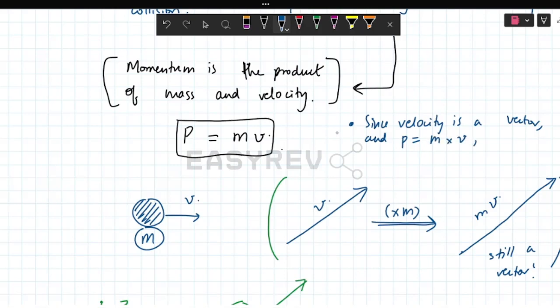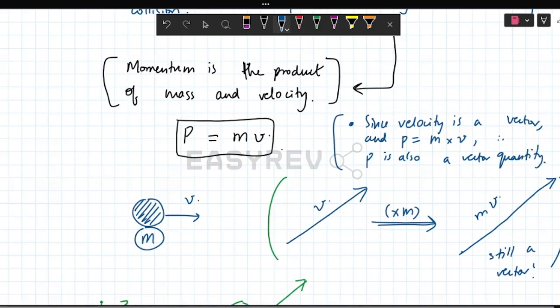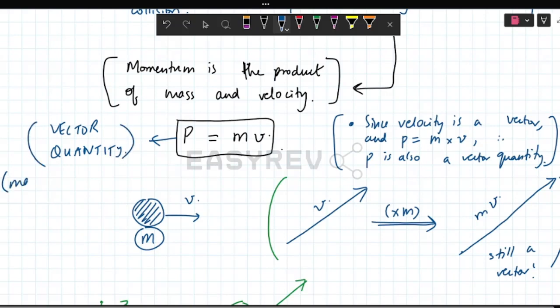Therefore, momentum is also a vector quantity. So from here on out, we must get comfortable with the fact that momentum, being mass times velocity, is in itself a vector quantity, meaning it's going to have direction as well as magnitude. So let me mention that right here. It has magnitude and direction.